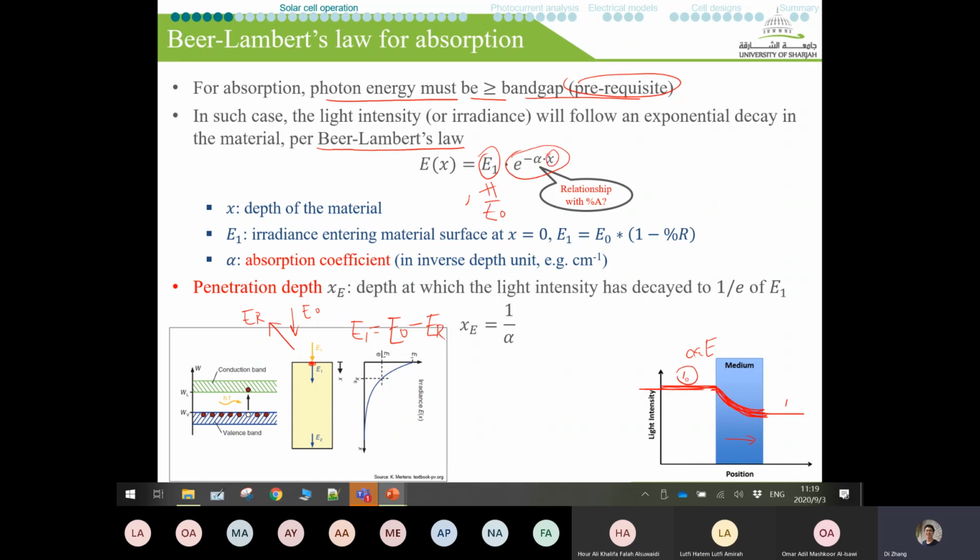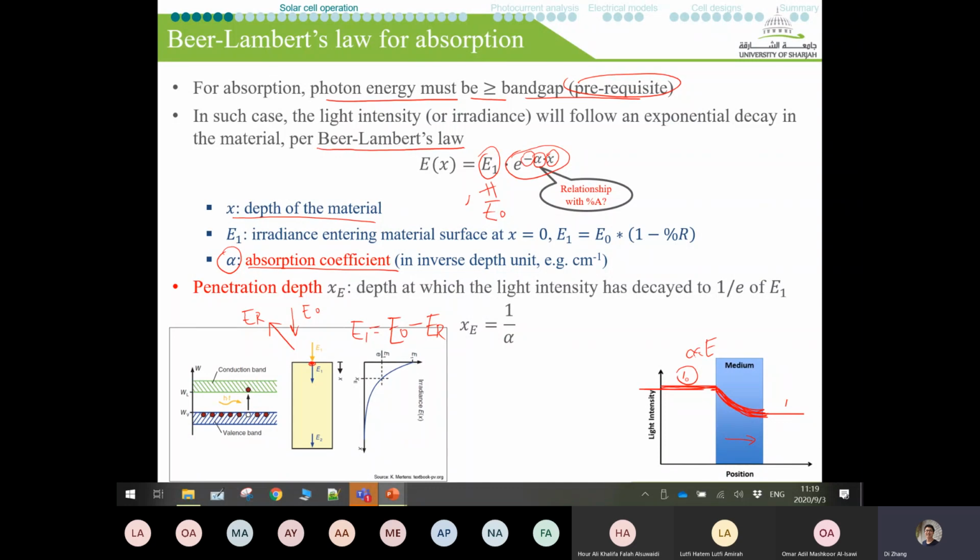Here x is the depth or the thickness of the material, and there is a coefficient, the so-called absorption coefficient. It is a decay, so that's why we have a negative sign here. The alpha is the absorption coefficient.